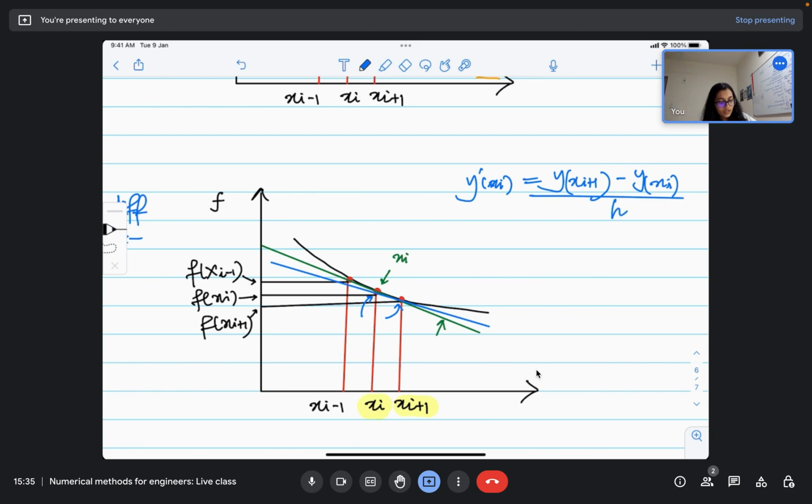Okay, so you take the difference of these points on the y-axis and you take the difference on the x-axis. So what you again basically do is compute the slope of the blue line.